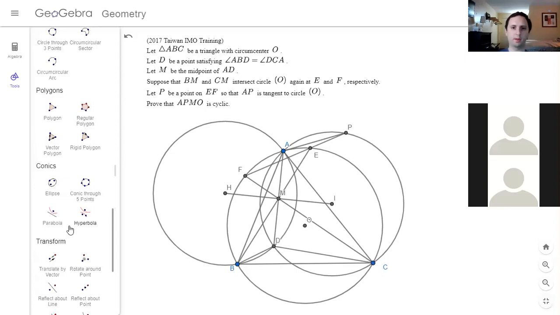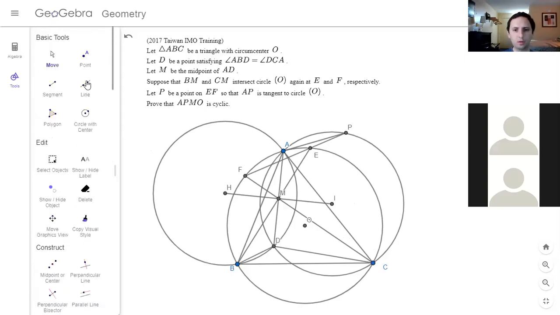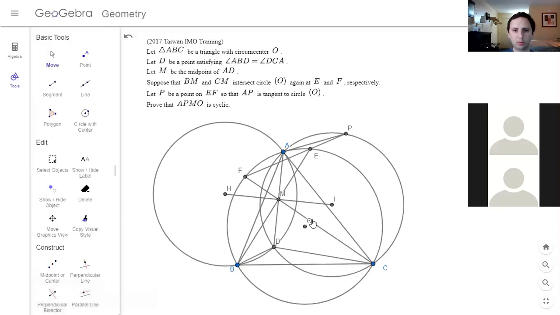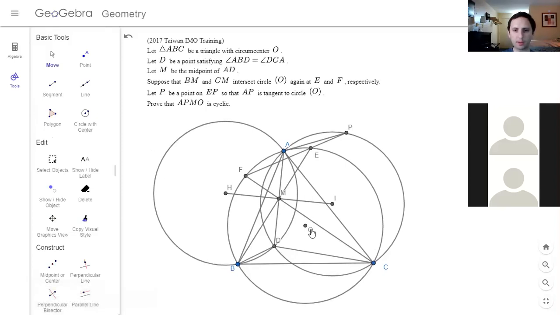Okay, so showing that PMO is 90, I think that's a good place to start. We know that angle DMI is 90, right? So that could be really where we use that the angles are equal because, well, actually DMI would always be 90. But let's see. So we want to show DMO is PMI.